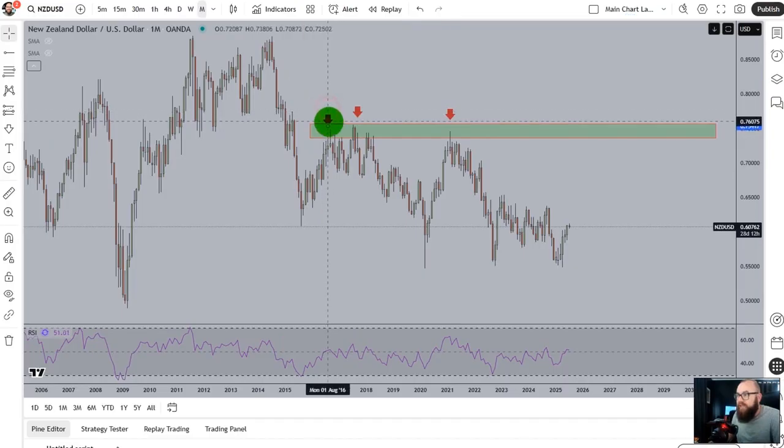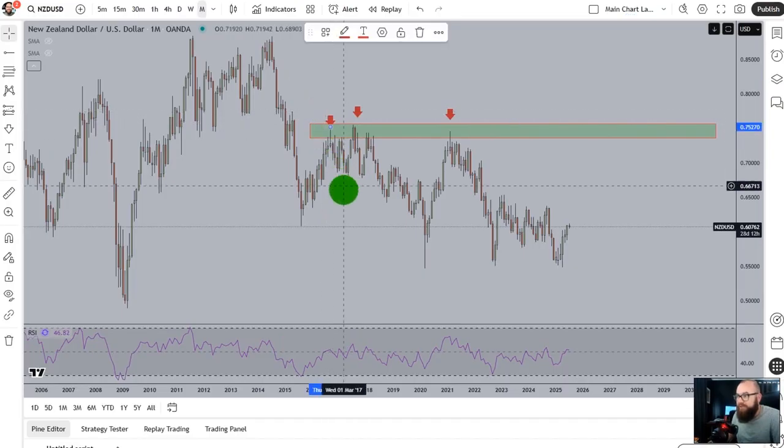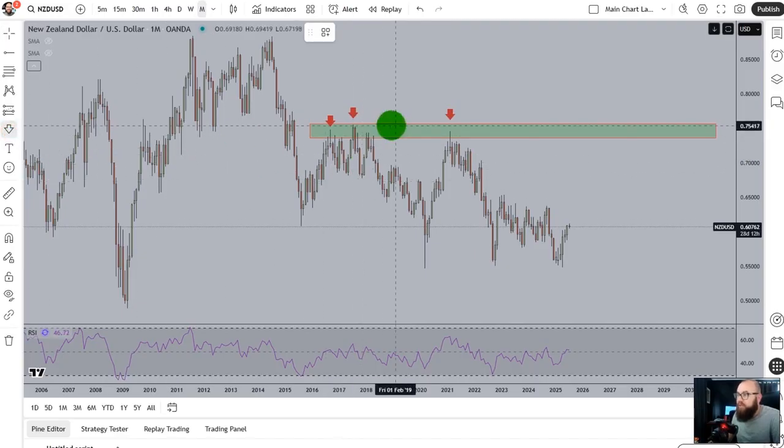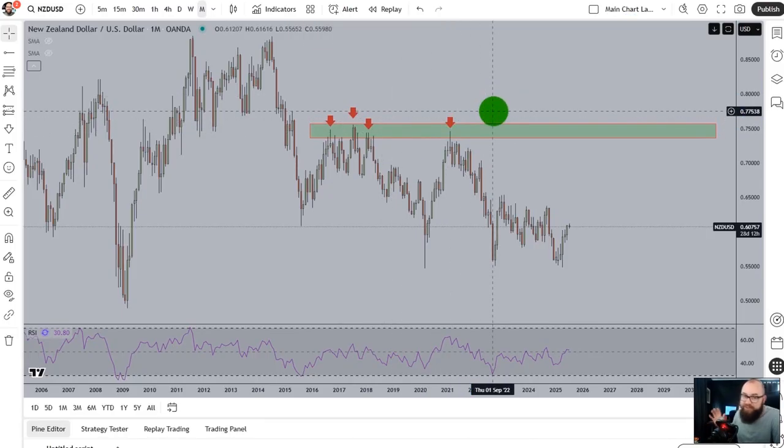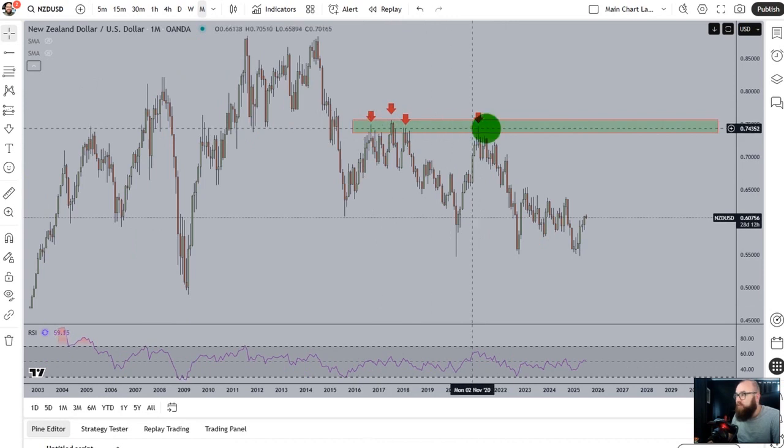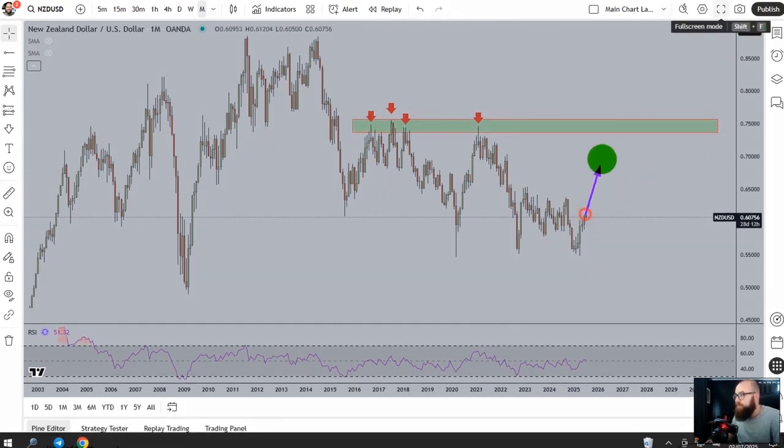So we reach the area here, price reversed. We reach the area again here, price reversed. The price reached the area again here, and it reverses. So each time this area is reached, this horizontal resistance comes into play, and the bullish market turns bearish. So can you see that? This horizontal area. So if the price was to come up again, we could expect some sort of reaction and some sort of move down.